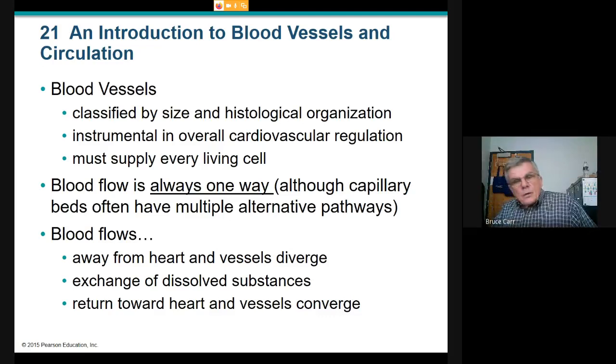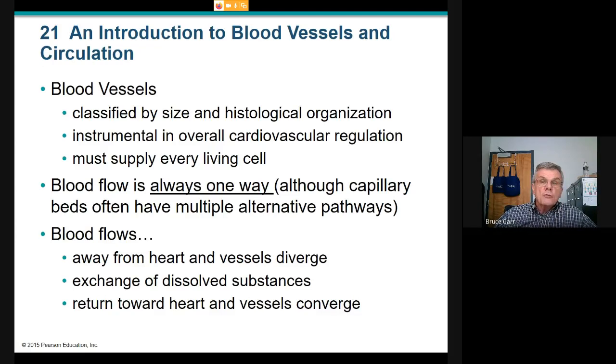First of all, we're going to classify them by size and histological organization, and recognize that blood flow is always one way. Only one way. If blood starts backing up, then we're in trouble. If blood, in fact, pauses, if it stops, we're in trouble. We have to continue that blood flow and make it constant.